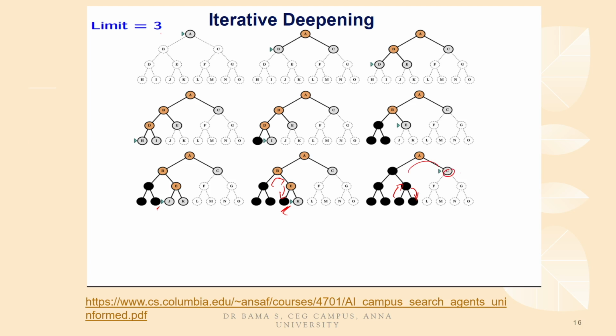The points to be remembered here is it is a combination of BFS and DFS. Another important point is it iteratively increases the limits to find the goal. Now, talking about the performance of this search, it is going to be order of b power d.